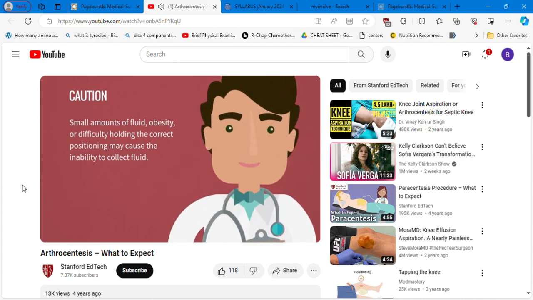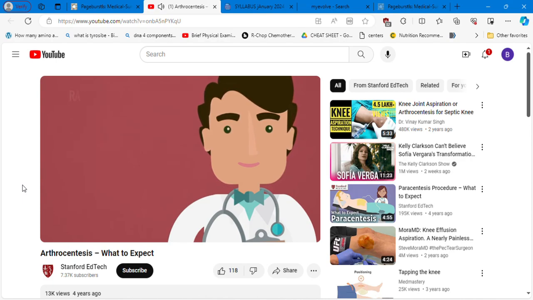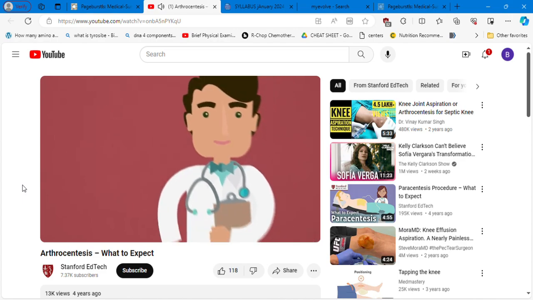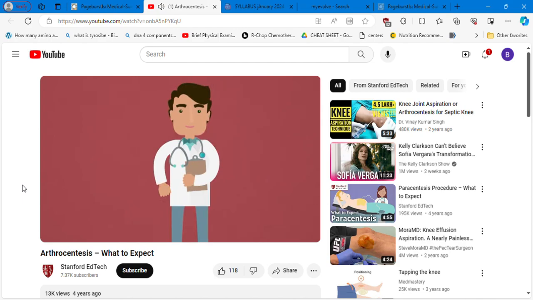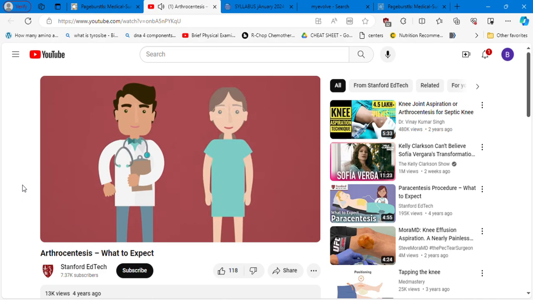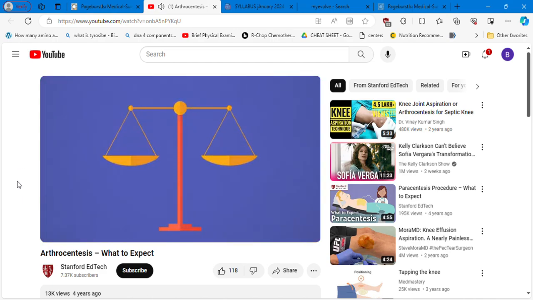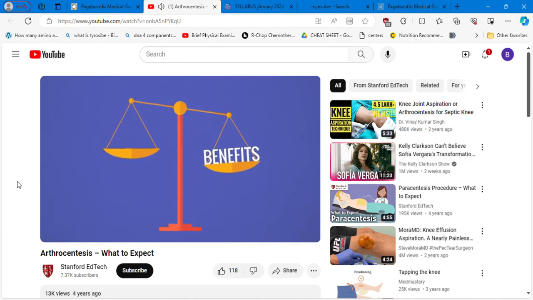Small amounts of fluid, obesity, or difficulty holding the correct position are common causes. Very rare, but life-threatening risks of this procedure are serious bleeding or infection. Our doctors strive to always act in the best interest of you, their patient, and would not recommend this procedure if they believe that the risks outweighed the benefits of this procedure.